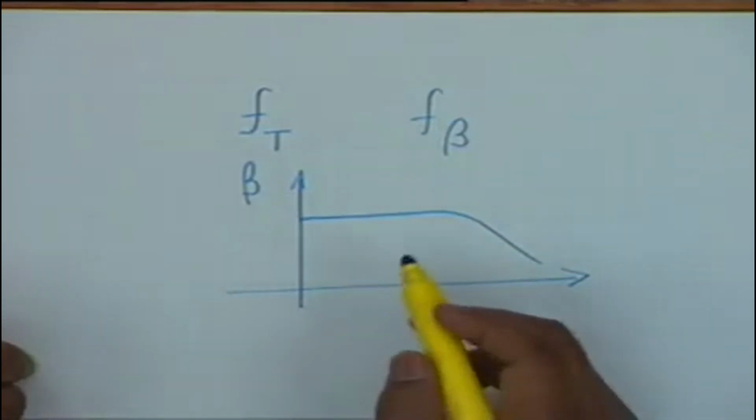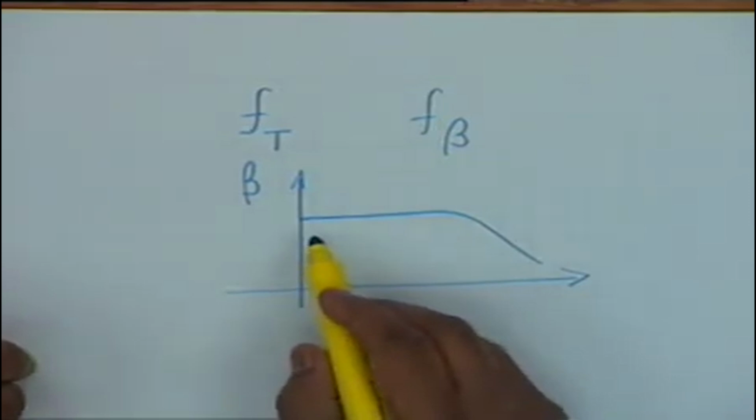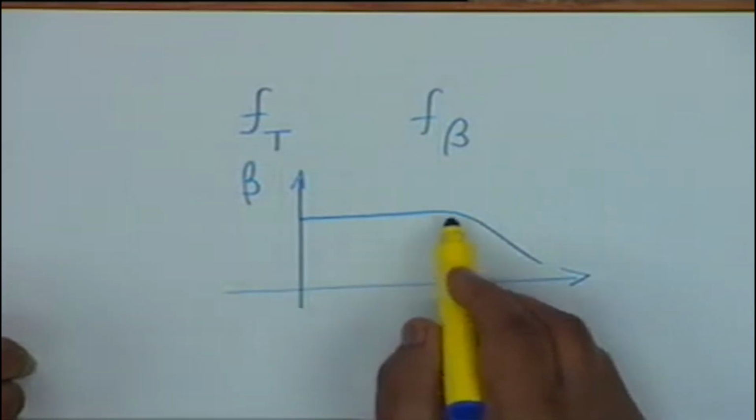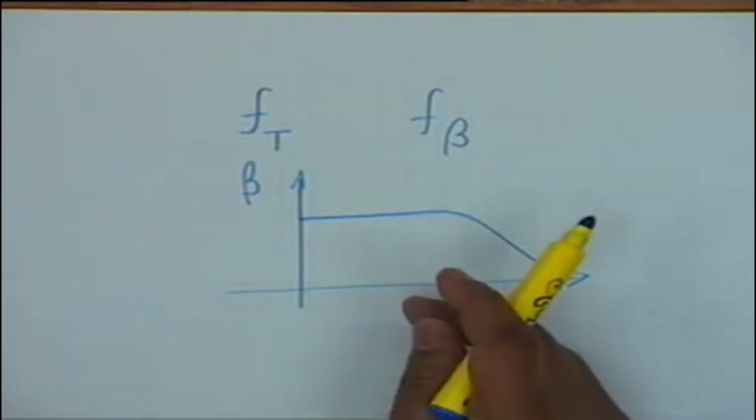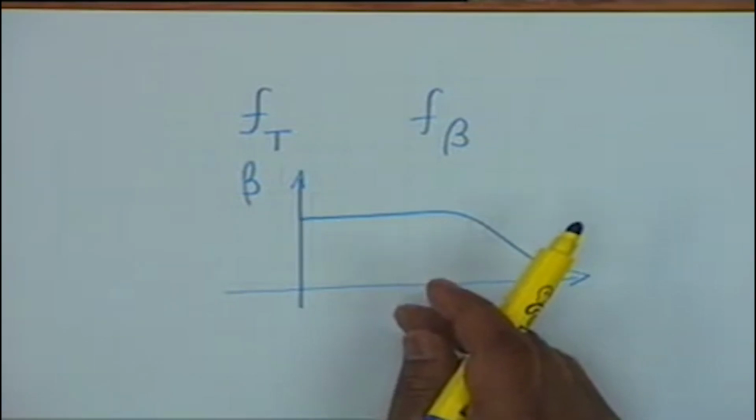That is, at low frequencies and at midband, beta is a constant.